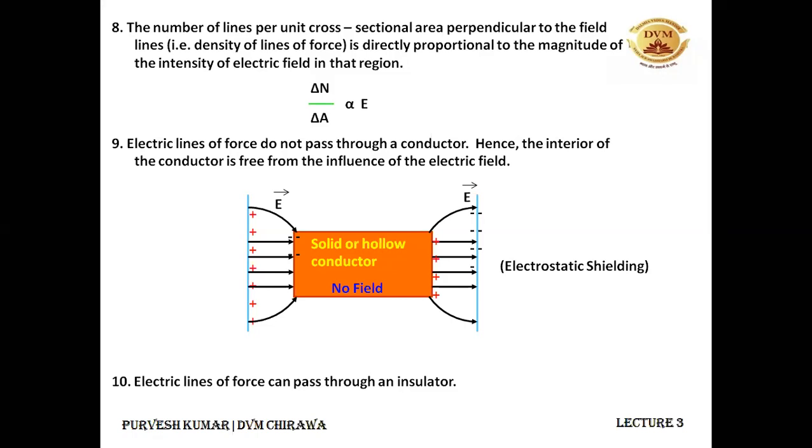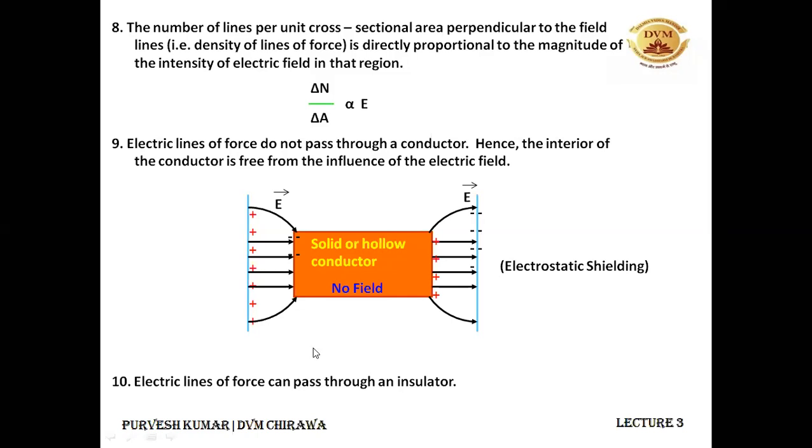I've given you the example that when there is lightning outside, it is safe to be in homes or in some conductor. It's better to be in a car or home rather than standing outside in the open, because the electric field lines can never exist inside the conductor, and this effect is known as electrostatic shielding.